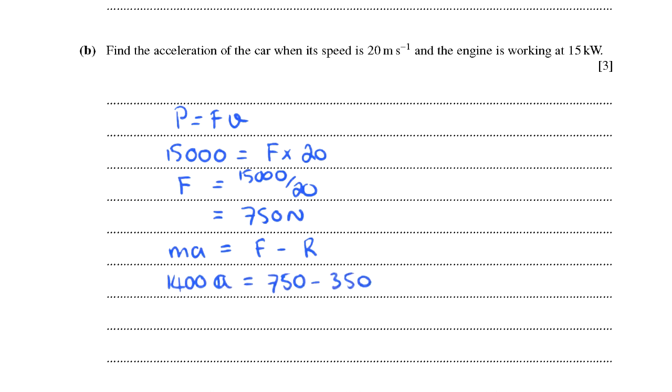It was 350. And all we have to do is solve for acceleration. So for acceleration, we're going to have 750 minus 350, which is 400. We divide it by 1,400, and it's a bad decimal. Let's keep it as a fraction: 2/7 meters per second squared.